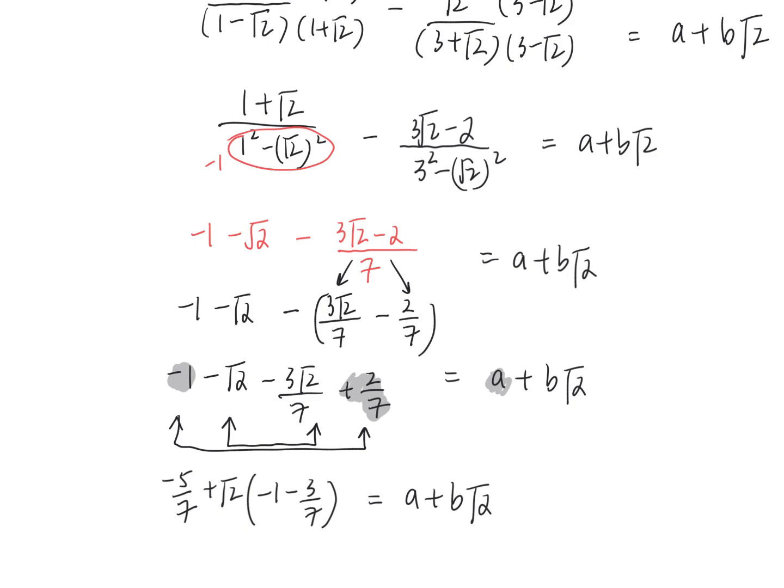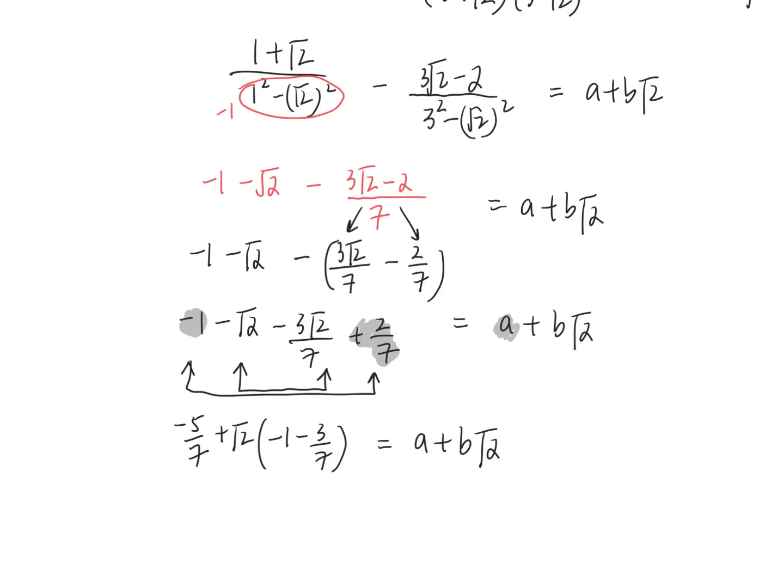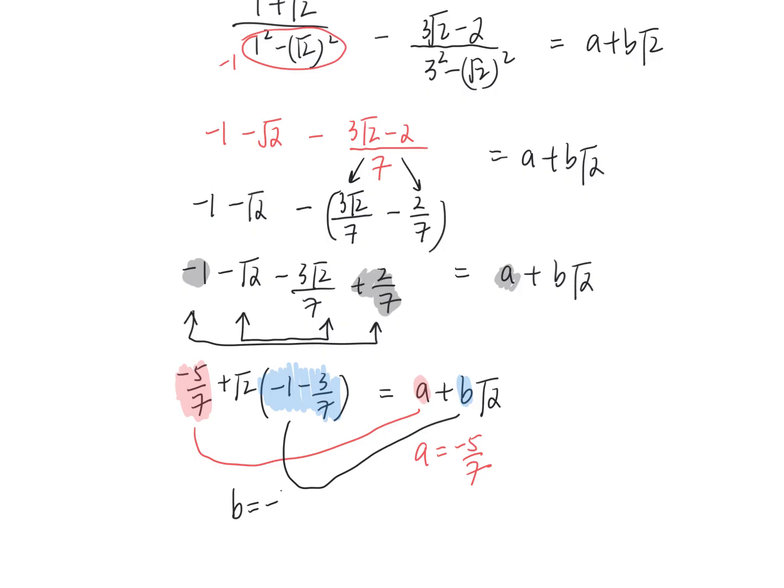I group the like terms together, the constant term and the term with the square root 2. So can you see that actually A takes the value of this number and B takes the value of this number, which I haven't simplified. So A is just minus 5 over 7 and then B is just minus 13 over 7.